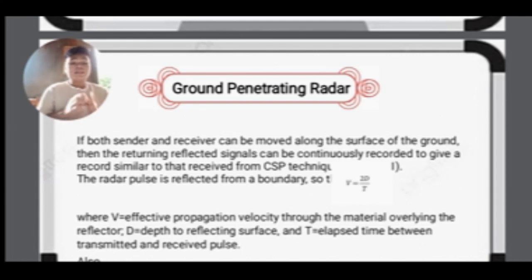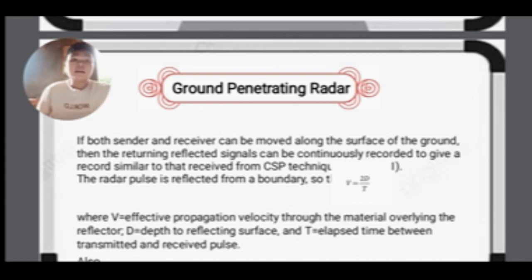A radar signal is electrically generated. It can be repeated continuously rather than the repeated seismic pulse used in continuous seismic profiling. Both sender signals can be continuously recorded to give a record similar to that received from CSP techniques, so the radar pulse is reflected from a boundary.